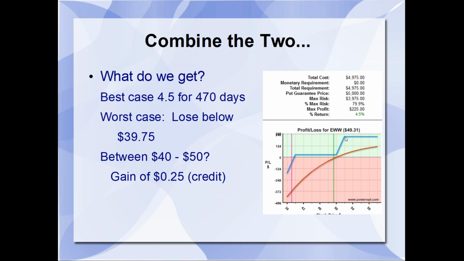If we get assigned at 52, we make $2 above the stock price, keep the 25-cent net credit, and if you've got another, well, in this case, it'd probably be maybe 6.5 to 7.5 dividend over 470 days, this would go up to about 11, 12% return if you include the dividend if you're in it for the entire time.